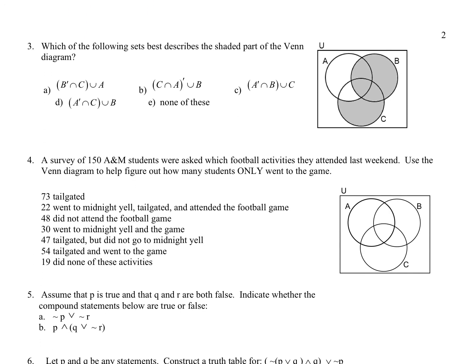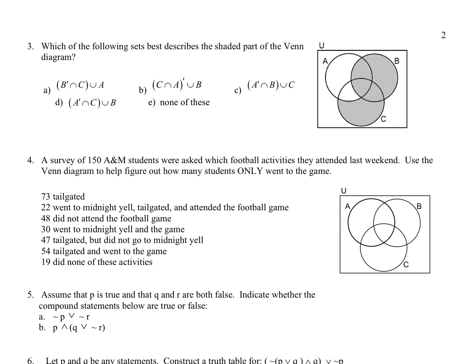All right, number 3. Which of the following sets best describes the shaded part of the Venn diagram? So we have A, B, C, D, and E. All right, so let's see if we can figure this out. Let's look at the first one, I guess.